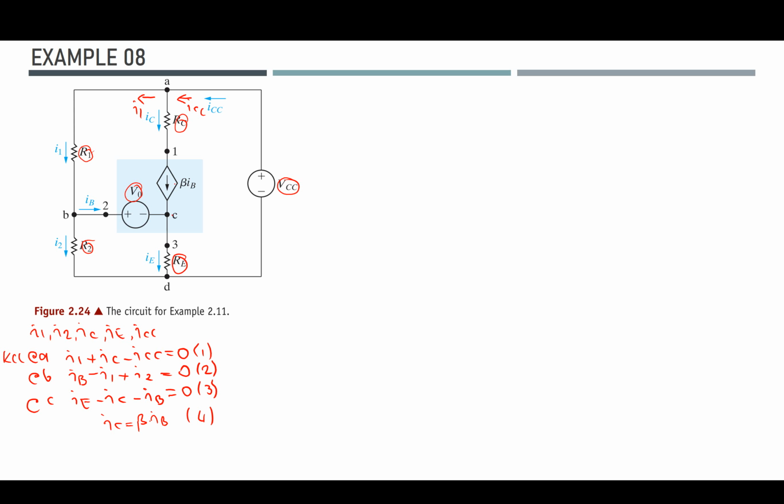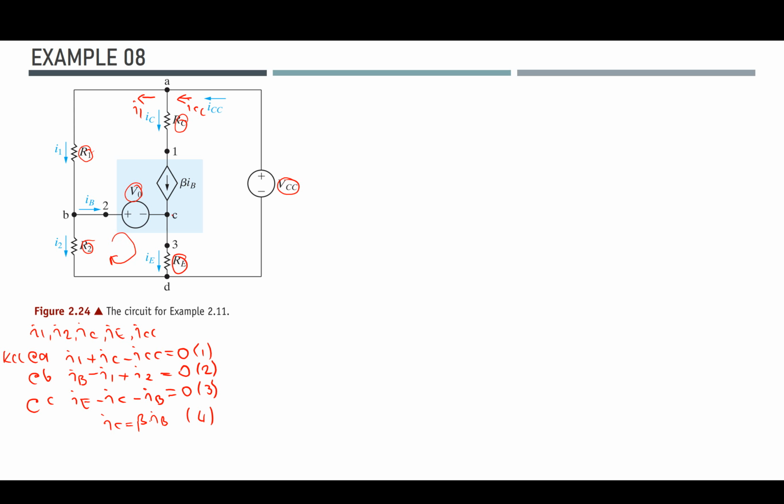Now, since the voltage across the dependent source is unknown, you cannot directly determine it from the beta times IB value. So we must select 2 closed paths that do not contain it, because its value is currently unknown. So if we simply choose this mesh, we can achieve it.